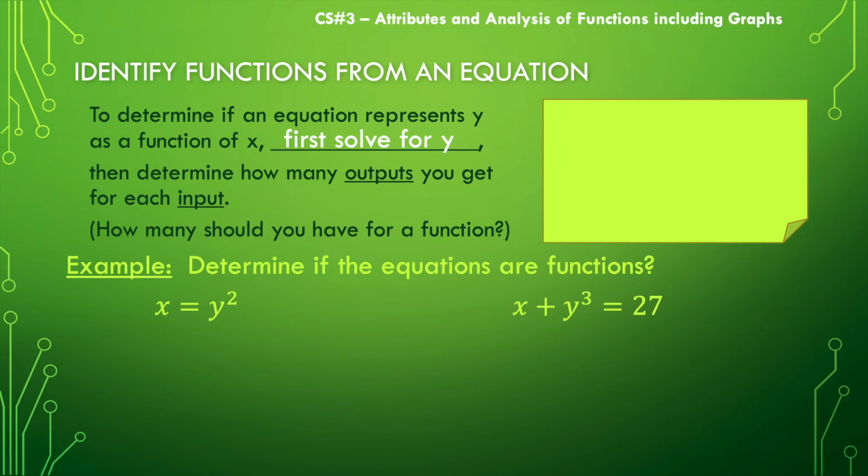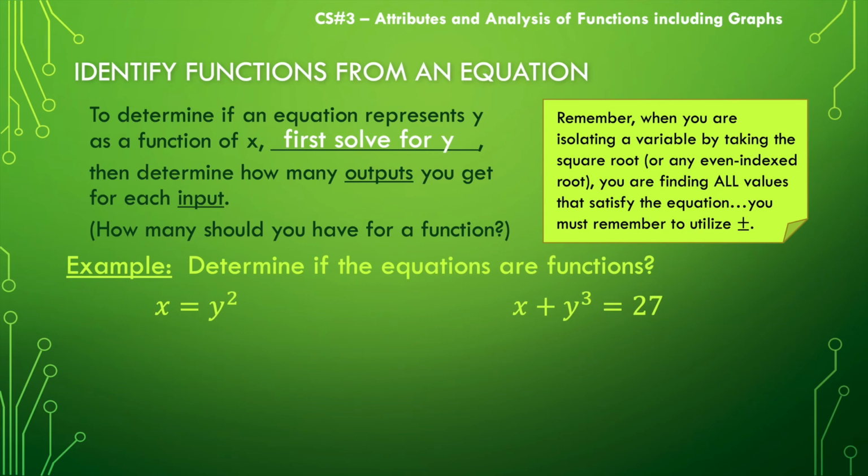Before we actually do this, I want to remind you that when you are isolating a variable by taking the square root or any even indexed root, which could be a fourth root or a sixth root, remember that you are finding all values that satisfy the equation, so we must remember to use plus or minus. That's only when we have even indexed roots. So let's look at this first example.